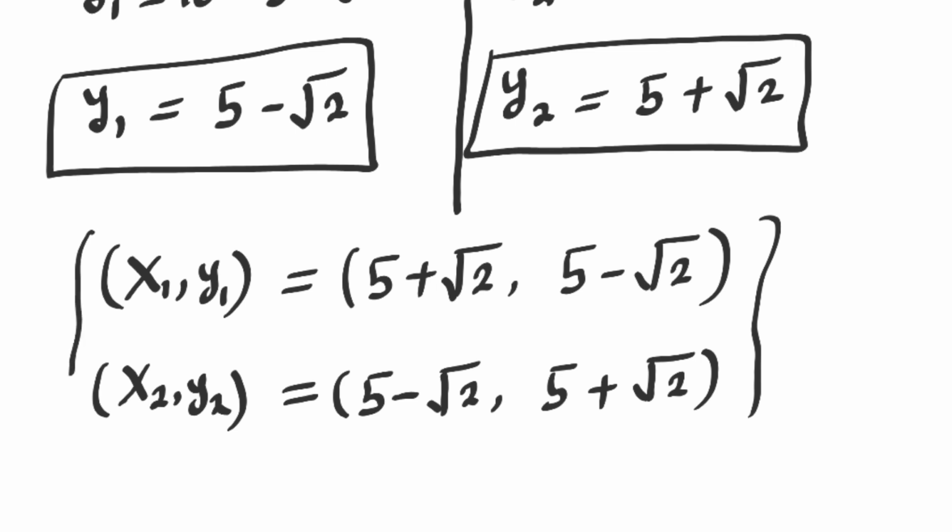These are the values of x and y. We may check to confirm if this answer is right or wrong. You can see that the value of x1 is equal to the value of y2, and the value of y1 is equal to the value of x2.